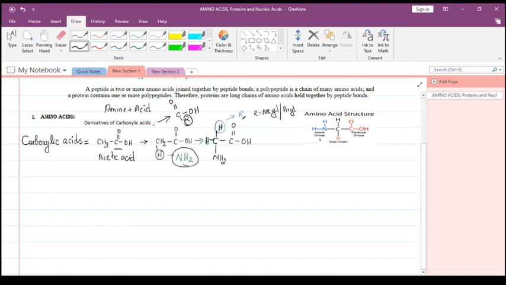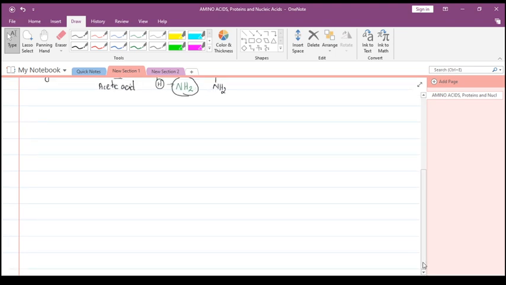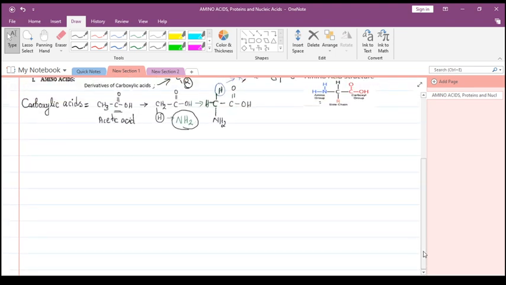Amino acids are derivatives of carboxylic acids in which a hydrogen atom in the carbon chain is replaced by an amino group, so that amino acids contain both the amine group and the carboxylic group. Usually the term amino acid always refers to alpha amino acids.